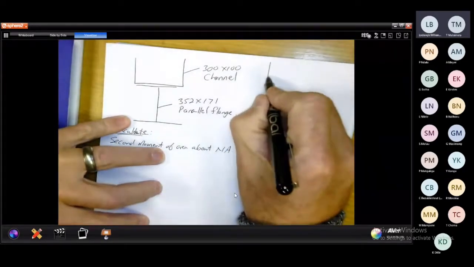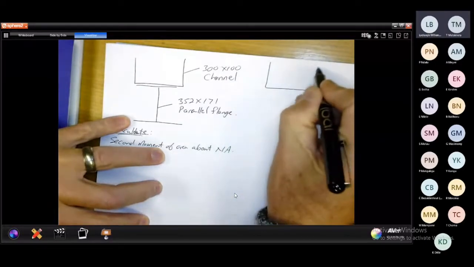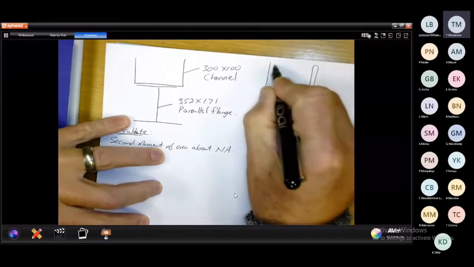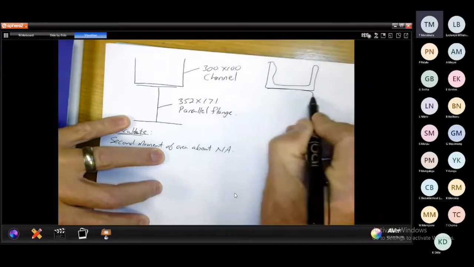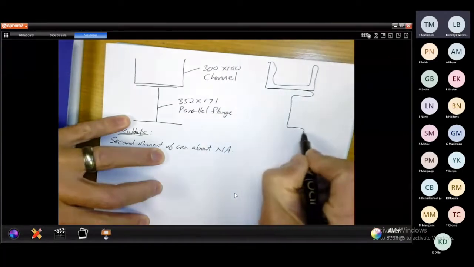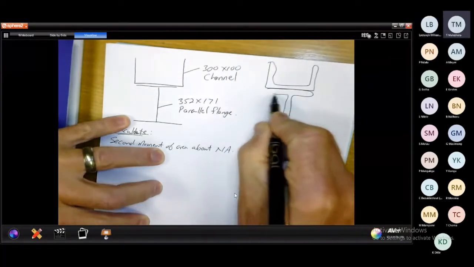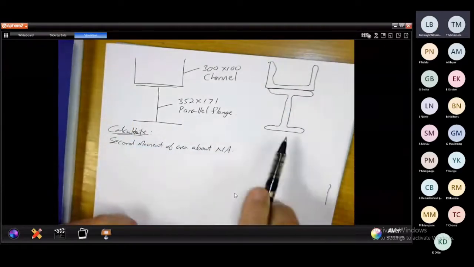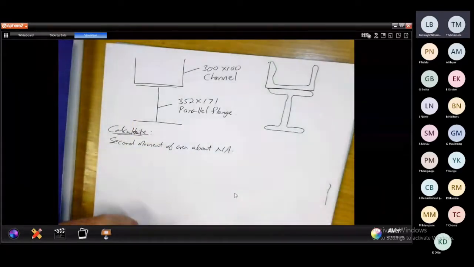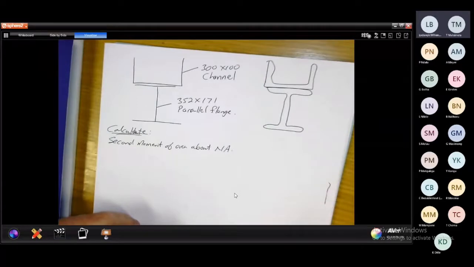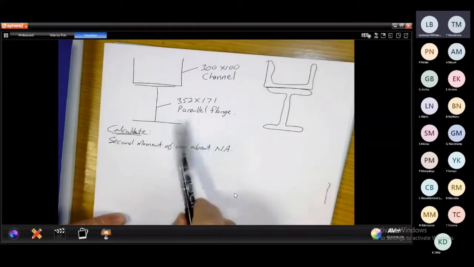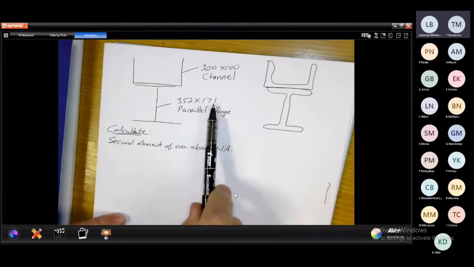He can also draw it like this. It is only to show you that there is a thickness in materials, and you must always include the thickness. That is very important.